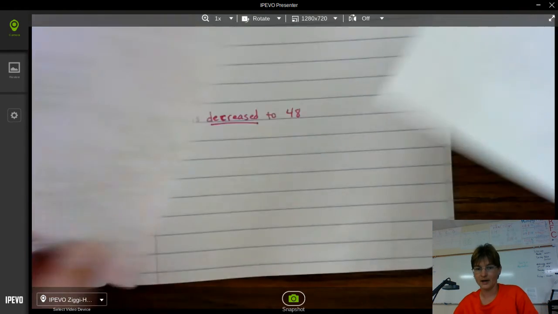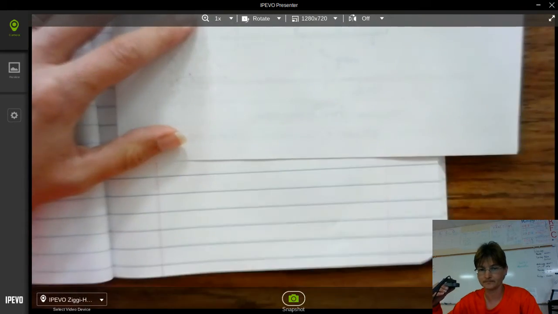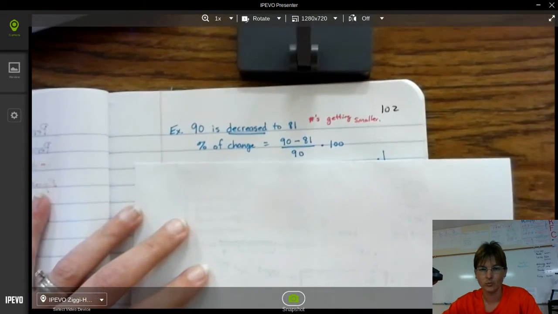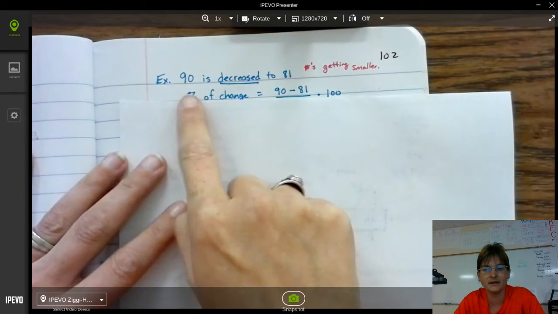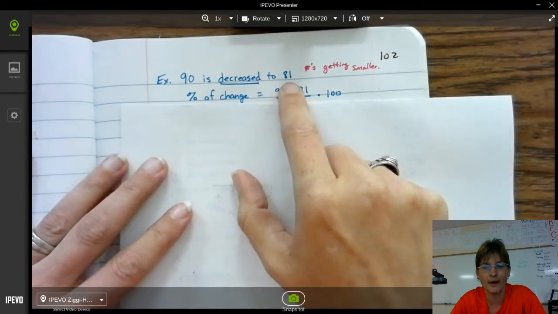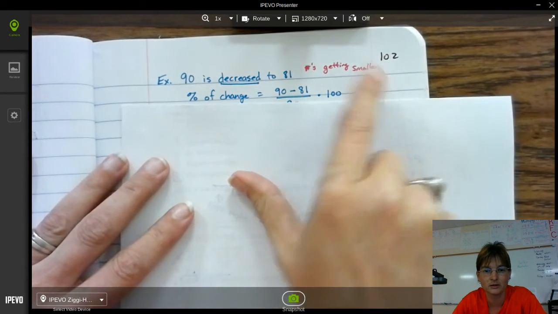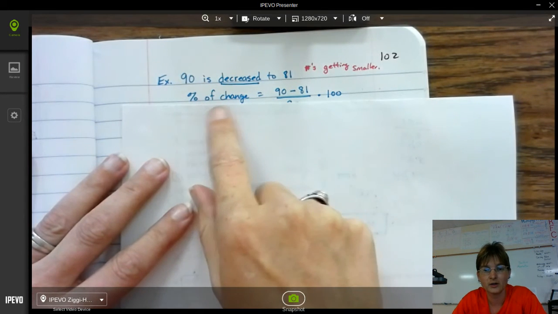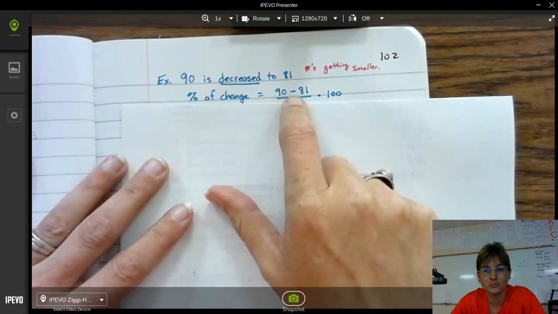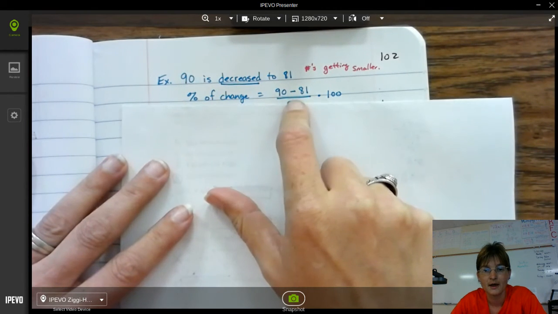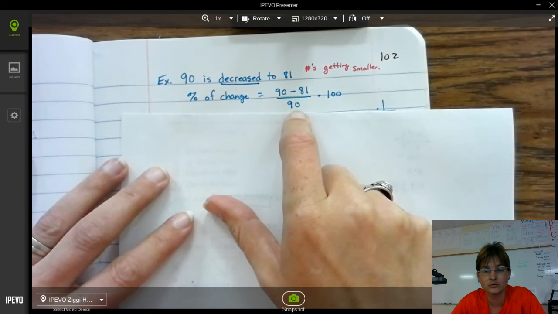Okay, looking at the next problem, we have 90 is decreased to 81. Numbers are getting smaller. So looking for our percent of change, we're taking our original minus our new, and then we're putting it over our original.